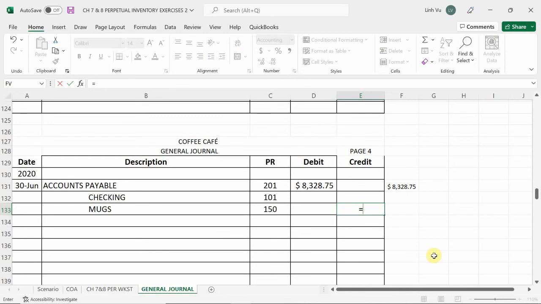Because I purchased 750 units at $3.80, right? So $2,850. So what is 5% of $2,850? $142.50.